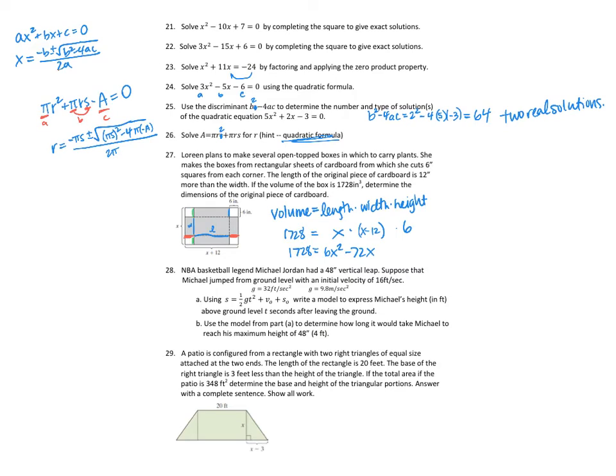What I'm doing is distributing this x across these two, and also distributing that 6 across these two. The x times 6 is the 6x squared, and the x times negative 12 times 6 is the negative 72.